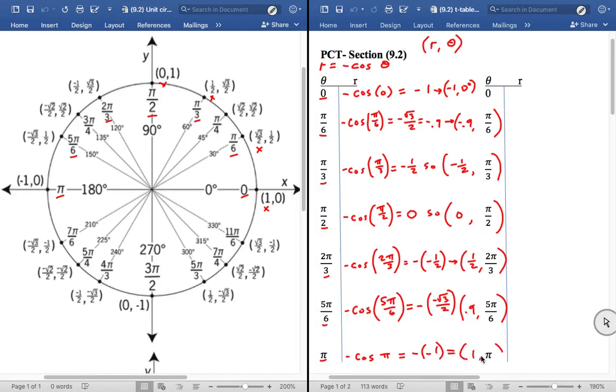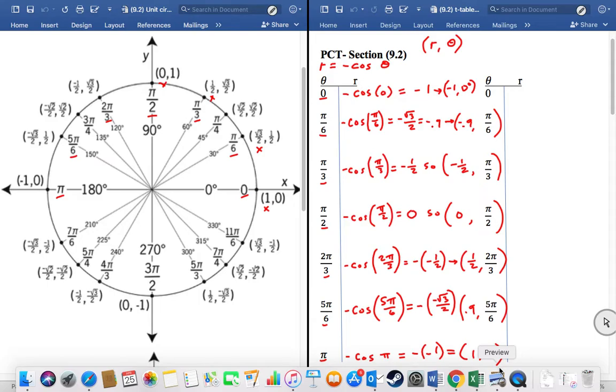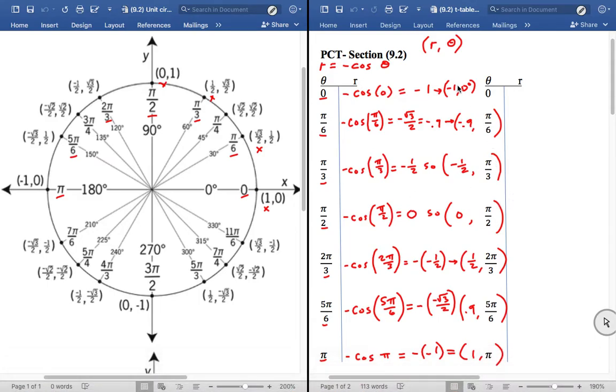It's 1 comma pi. So, like Pippin mentioned earlier, we're going to plot these, basically 7 points, and connect the dots, and you will have graphed a polar equation. It's a simple equation, but it is our first equation ever that we did together. It's a happy moment.